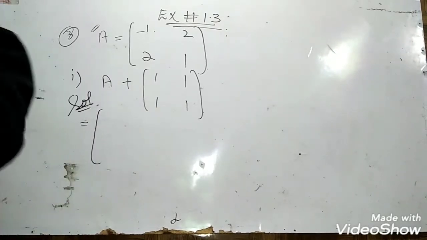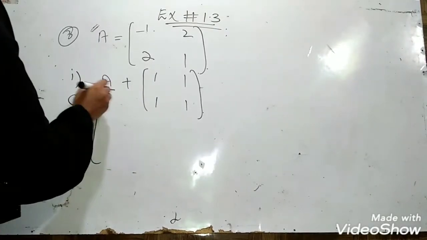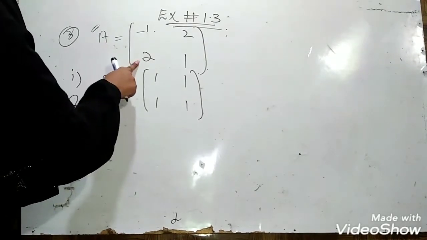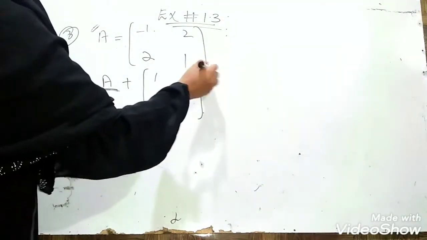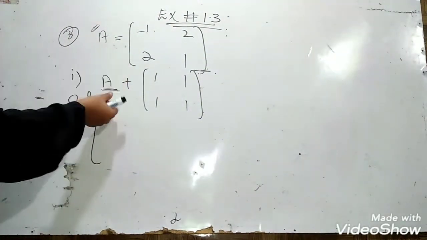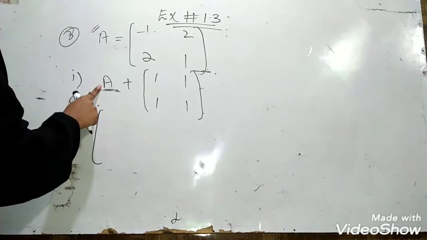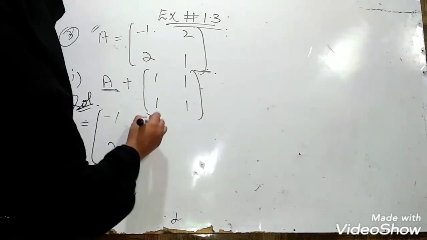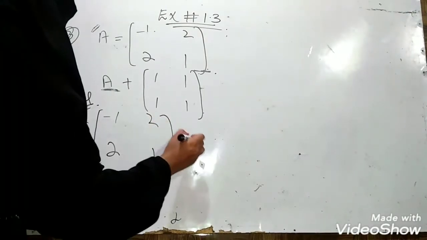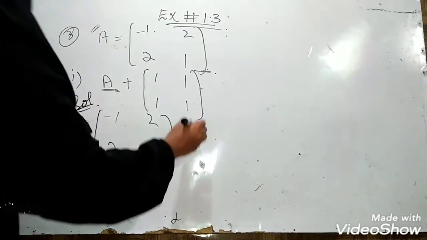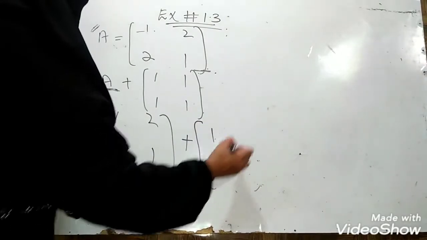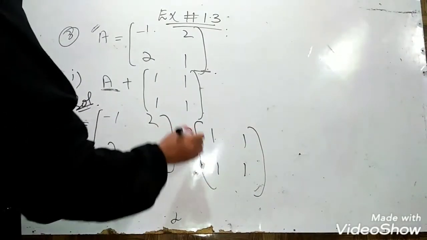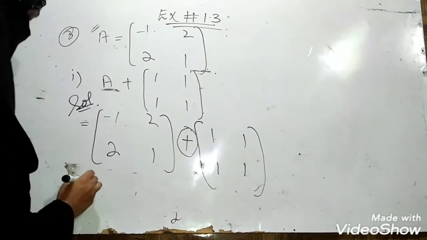Solution is, we can write matrix A, which is given, having these entries, plus this matrix. Now we can add these two matrices.